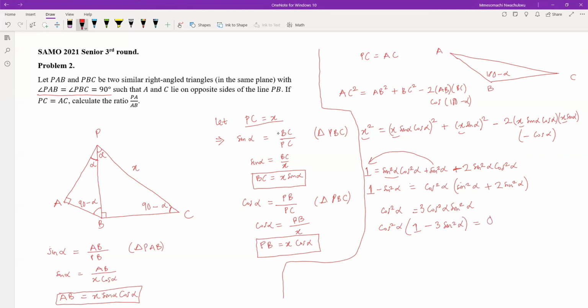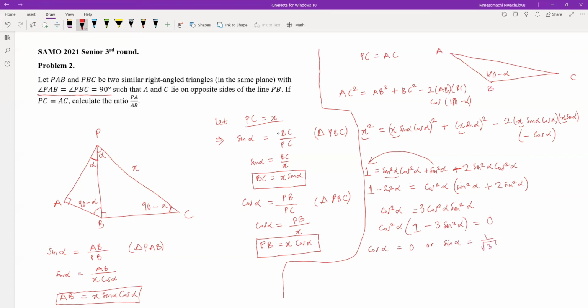Okay, so I have two possibilities: either cosine alpha is equal to 0 or sine alpha equals to 1 over root 3.